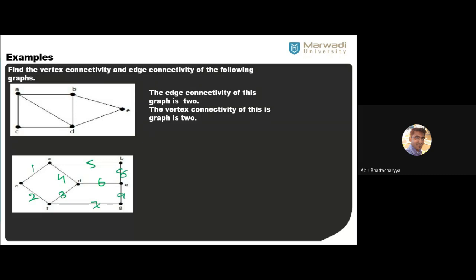Go on and calculate. Find EC and VC for this graph.